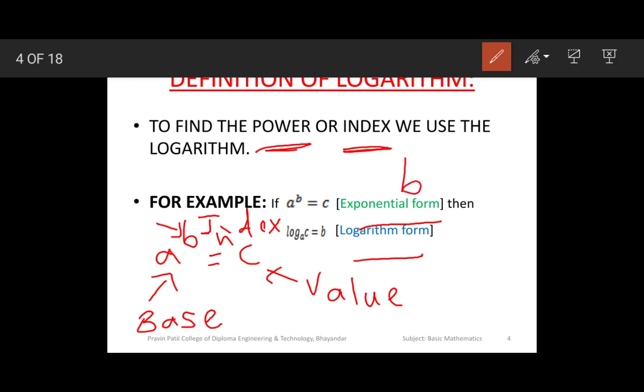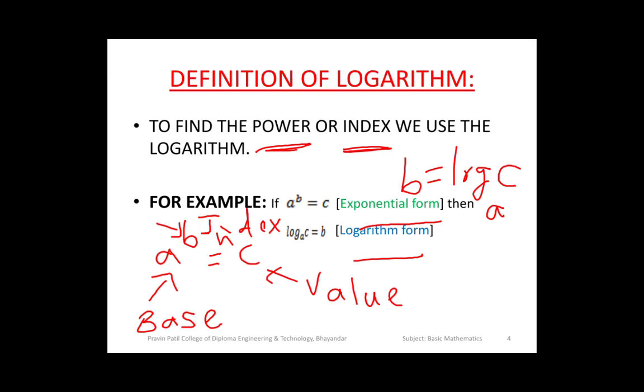So b is equal to log of the value. The value is c, to the base a. So log is nothing but finding the index, and the index is b. So to find b, we are using log. So b is equal to log of c to the base a.